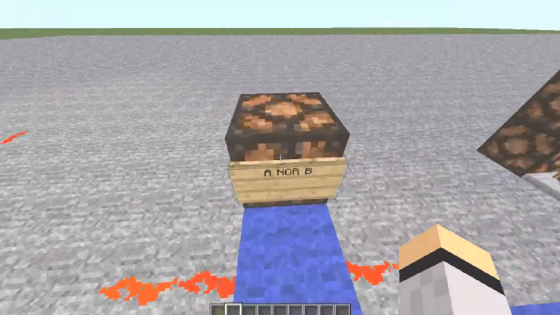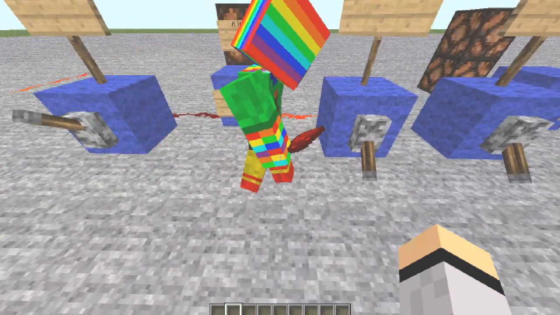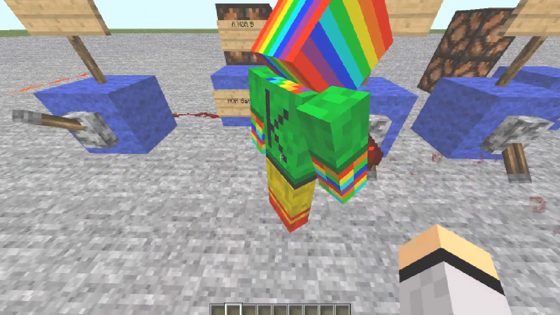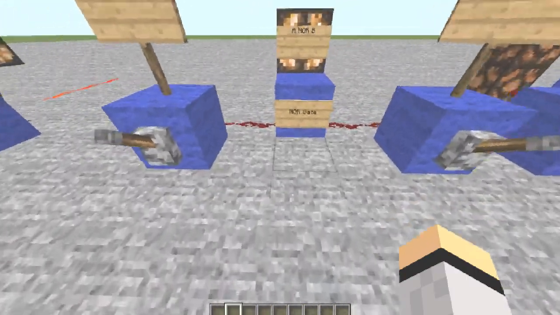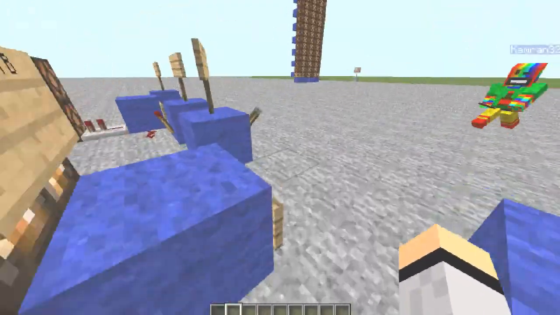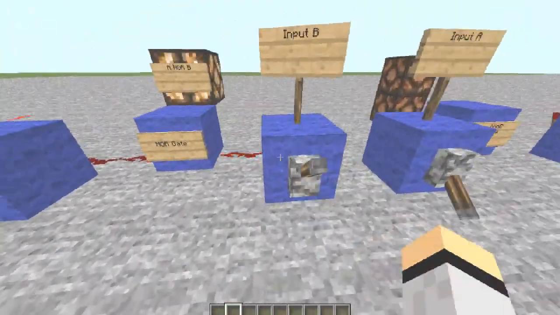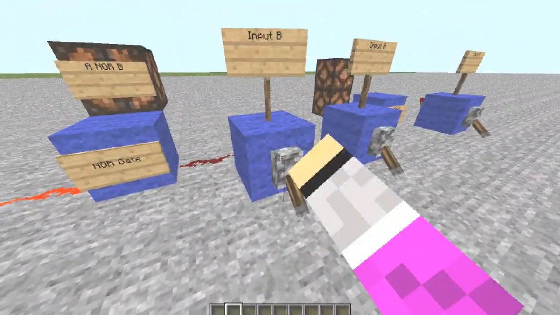So if any of them are on, the output's going to be off. It's only on when both of them are off. If even one of them is on, it's off, and even if they're both on, it's off.